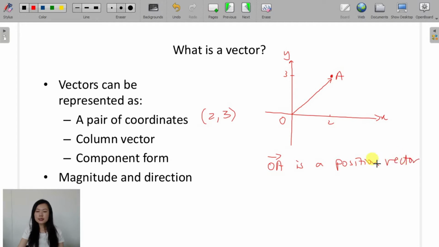So what is a position vector? It's literally any arrows, any vectors drawn from the origin, and these arrows are such that they actually point to the point it represents, because as we've learned in the previous lessons, vectors are essentially the same thing if they have the same magnitude, same direction.